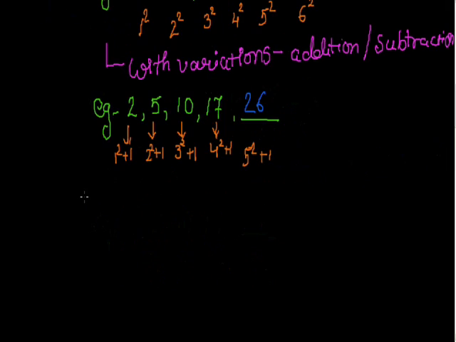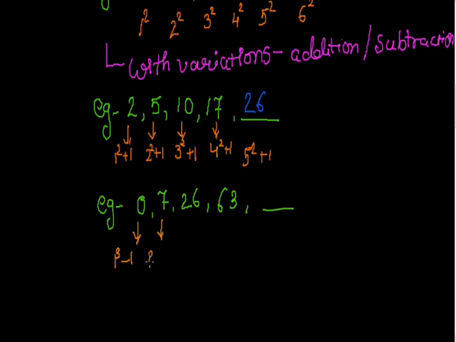Now let us take one more example. Series is 0, 7, 26, 63 and you have to find the next. In this series, this 0 can be written as cube of 1 minus 1. This 7 can be written as cube of 2 minus 1.